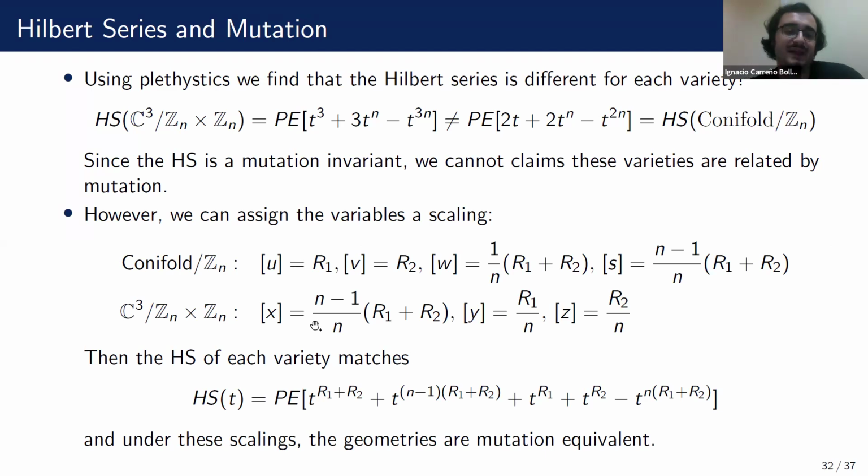Now, we can use this scaling information to compute the Hilbert series through plethystic once again. And we find that with this choice, the Hilbert series of each variety matches. So somehow with this non-trivial choice of scalings, we can make the claim that these geometries are mutation equivalent. So this was the caveat I was mentioning before in order to make the Hilbert series match.